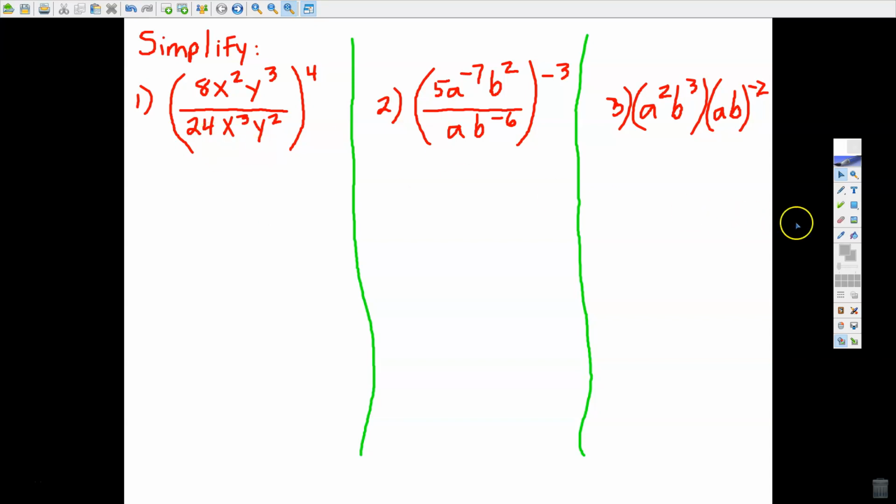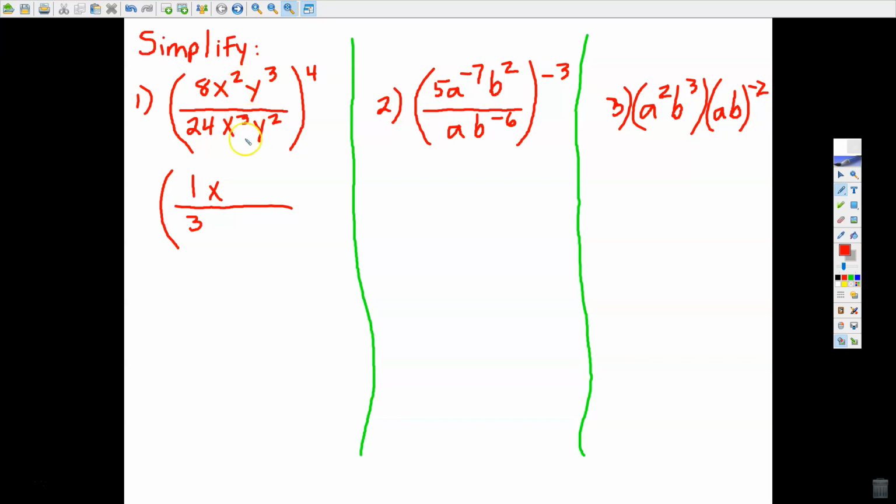So for problem number 1, I always like to simplify within the parentheses first, and that means starting with 8 over 24. That simplifies to 1 over 3. When I simplify variables that are being divided, I just write down the variable and I subtract the exponent.